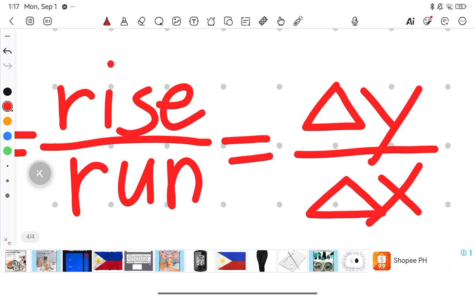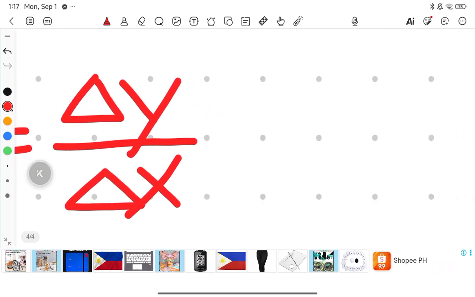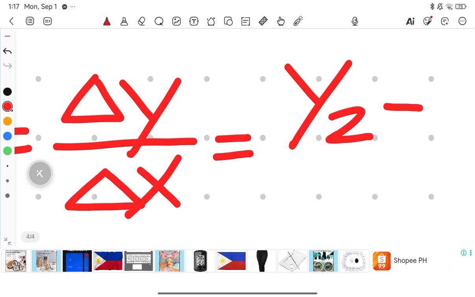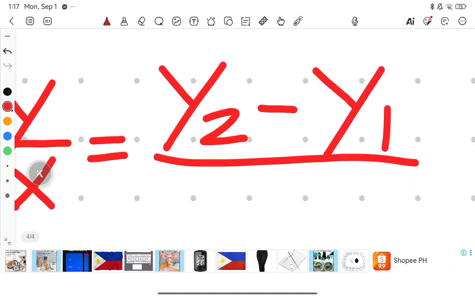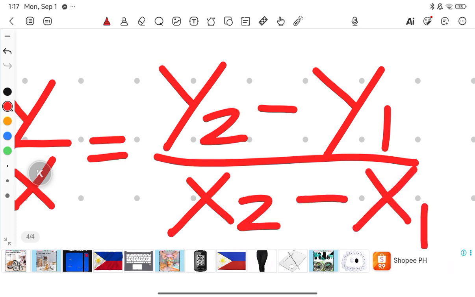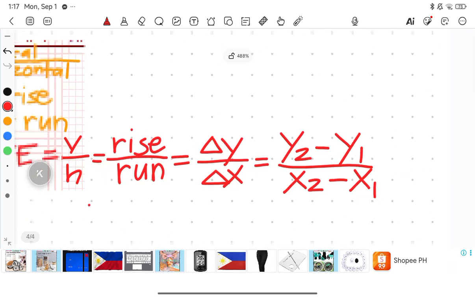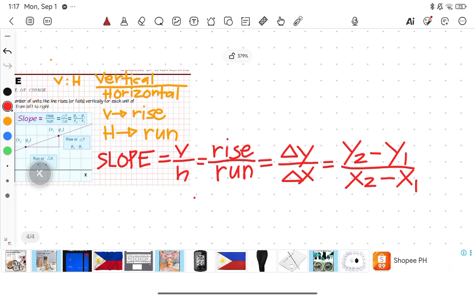And ano ba ang delta? That is a rate of change. So, change between the rise of y2 minus y1 all over x2 minus x1. Okay, congratulations. Naka-create na tayo ngayon ng formula for the slope.